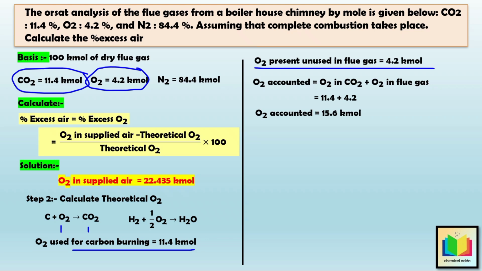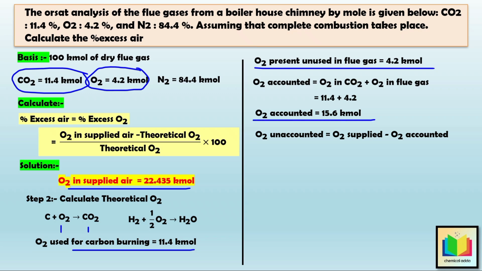So, the formula for O2 unaccounted is O2 supplied minus O2 accounted. So we already have O2 supplied is equal to 22.435 kilomole and O2 accounted is equal to 15.6 kilomole. So after putting these values and solving, we get O2 unaccounted is equal to 6.835 kilomole.